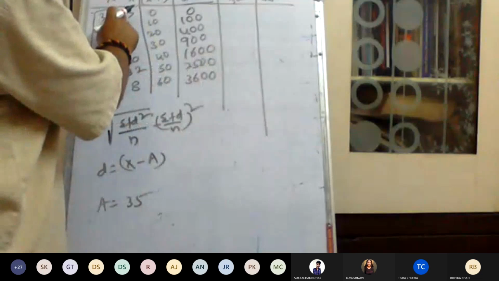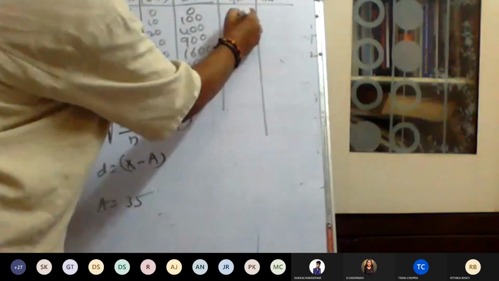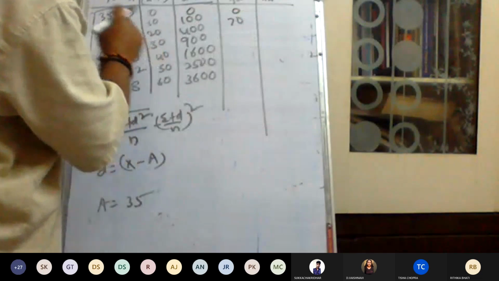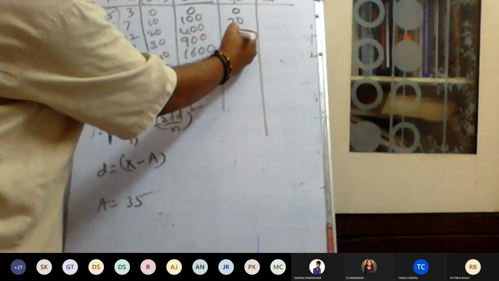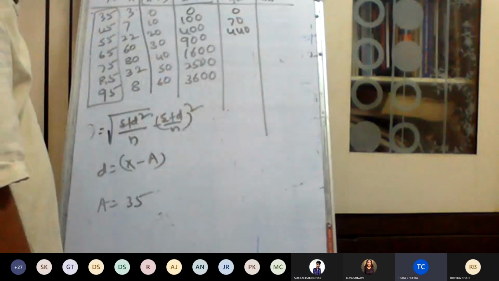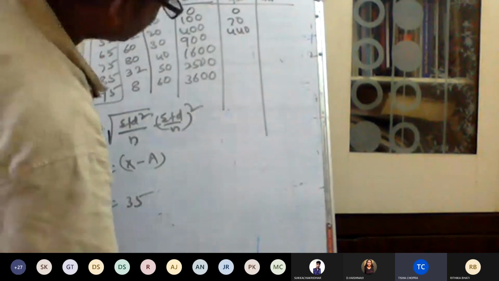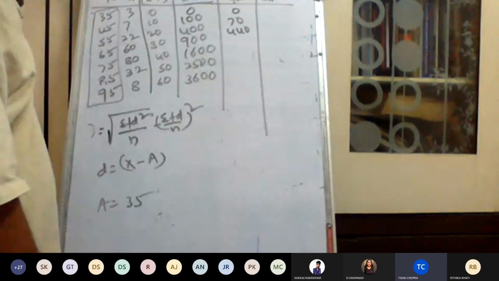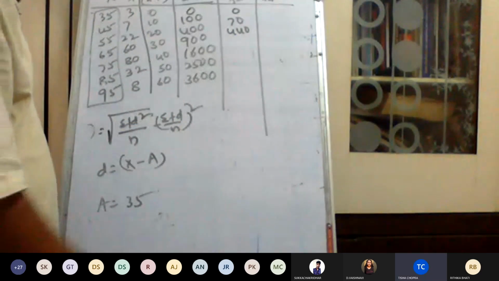F 3 into, what is our d value, 0. 0. 7 into 10 is 70. 22 into 20 is 440. Correct? Yes, sir, it's correct.